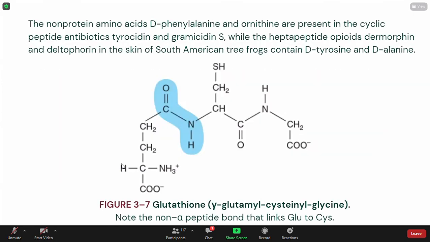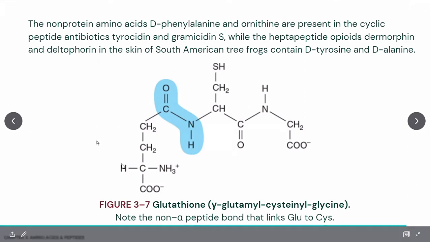Here you have your glutamate. Now, this is your cysteine, your glycine. This is your glutamate.